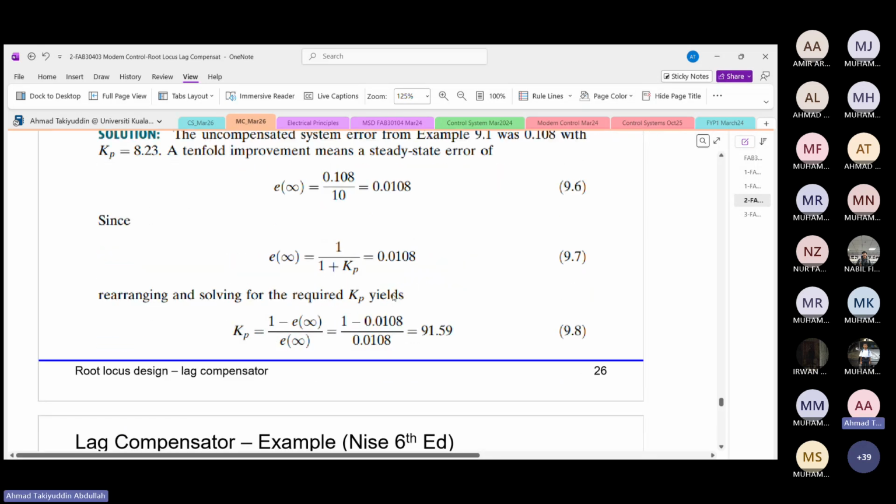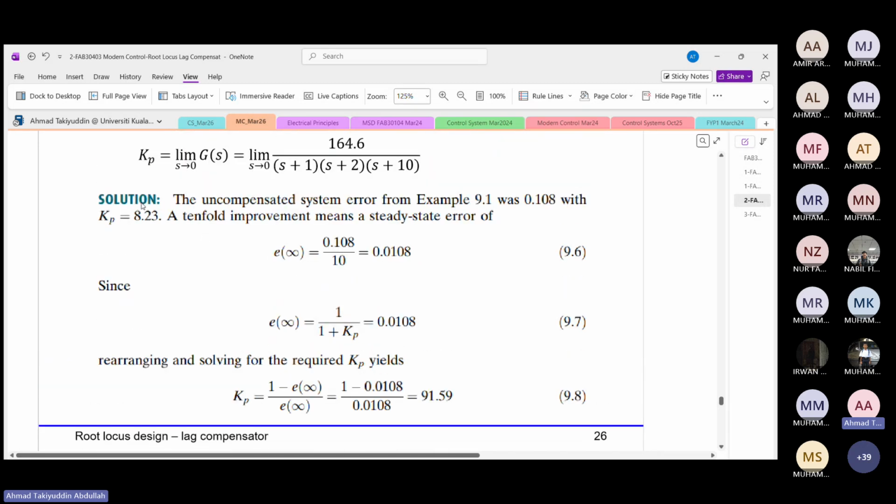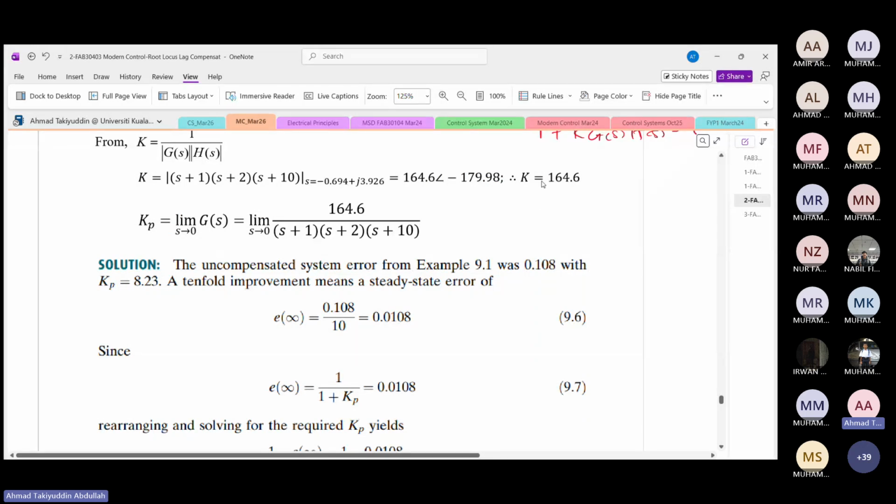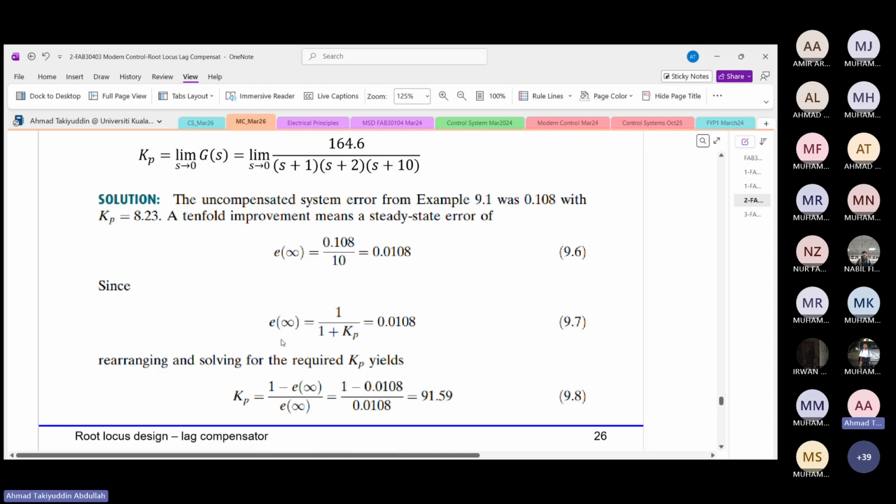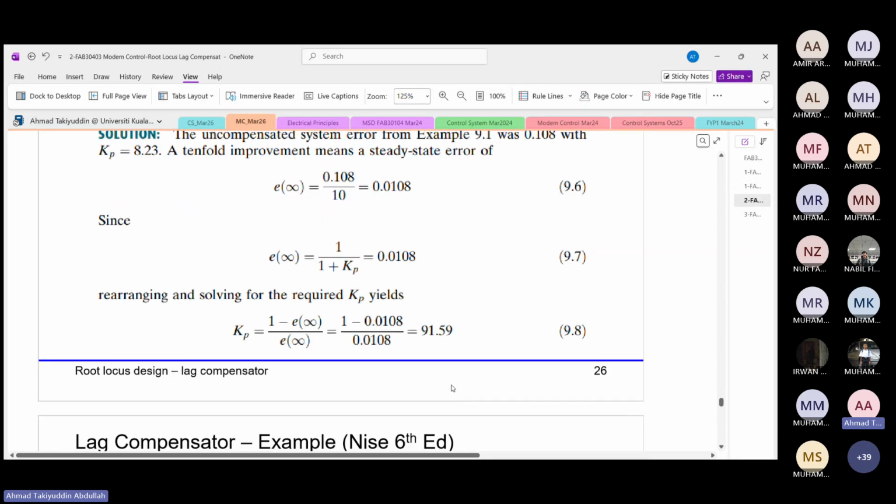Then you will know your new KP, which must be 91.59.